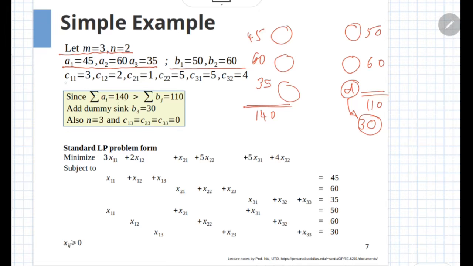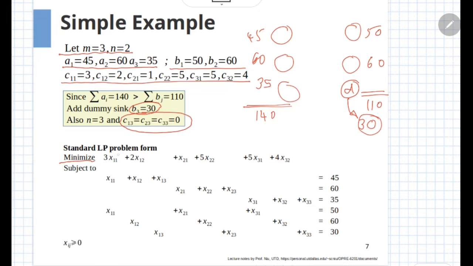So the cost data is given for all transportations. For the dummy destination, the costs involved are 0 and the quantity attributed to the dummy destination is 30. The linear programming form of this transportation problem would be to minimize the total cost.